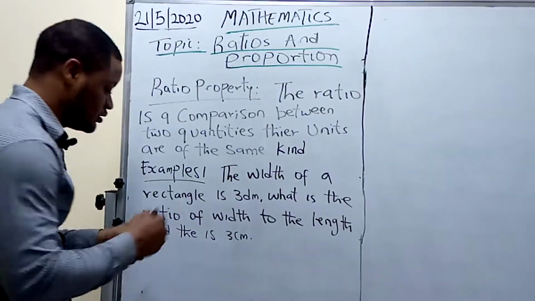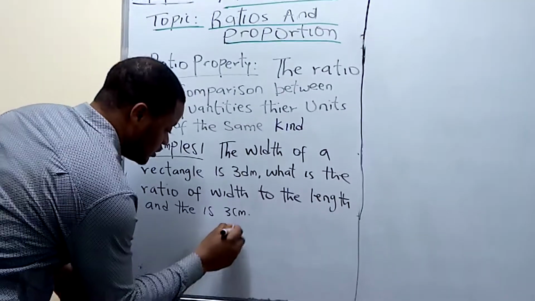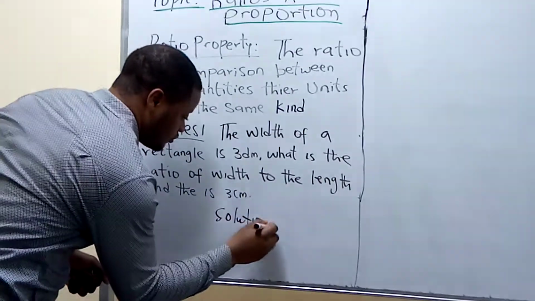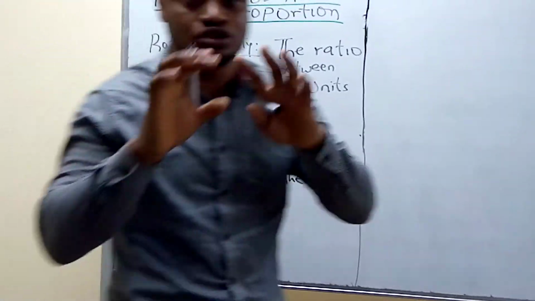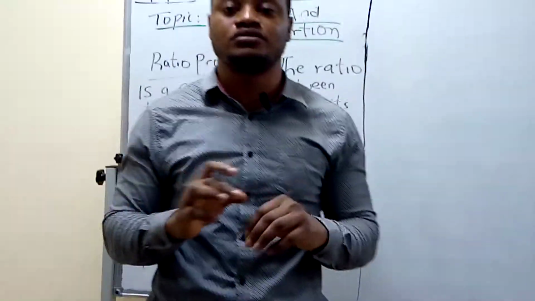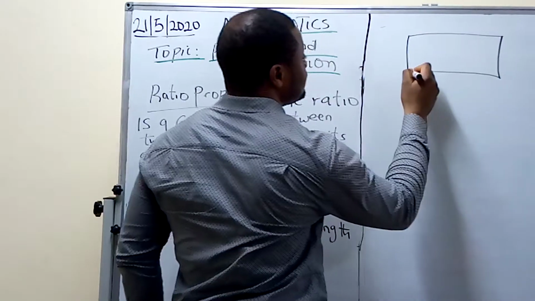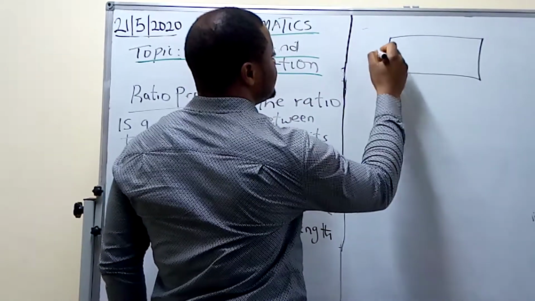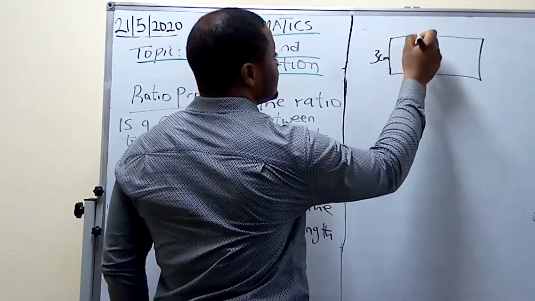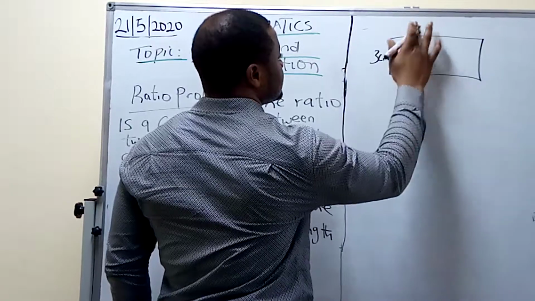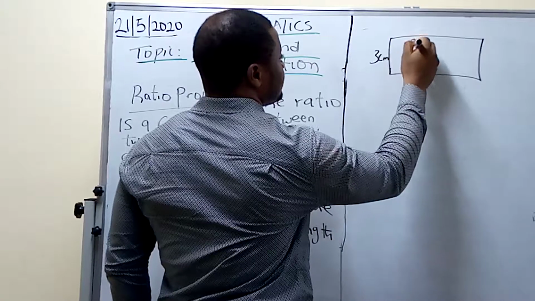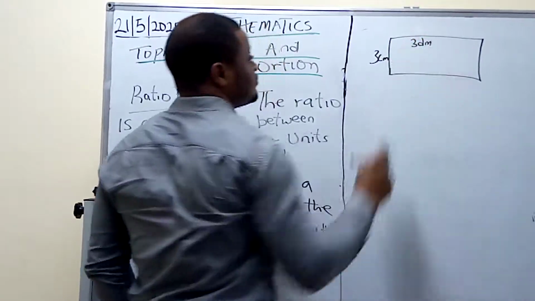Now, solution. For better understanding, you can draw a diagram, a rectangle. This is my rectangle. This is 3 centimeter, and here we have 3 decimeter.